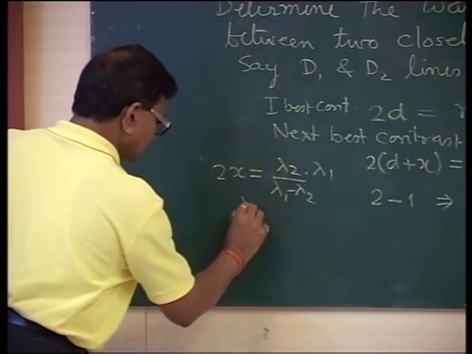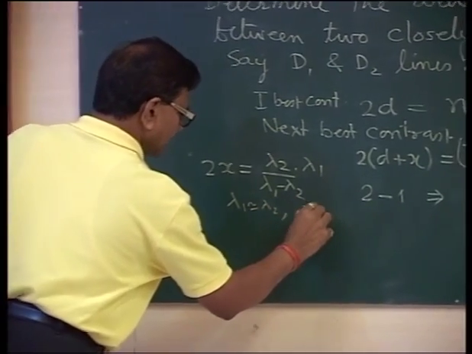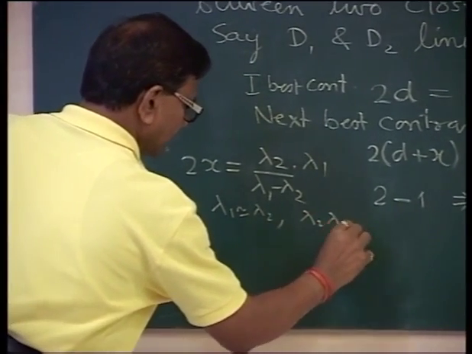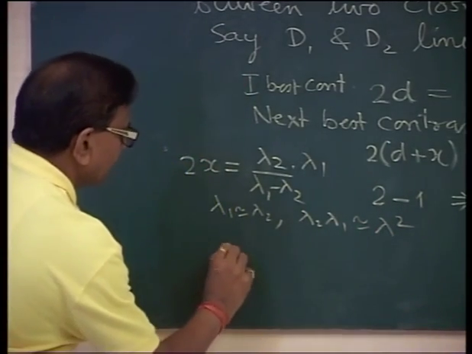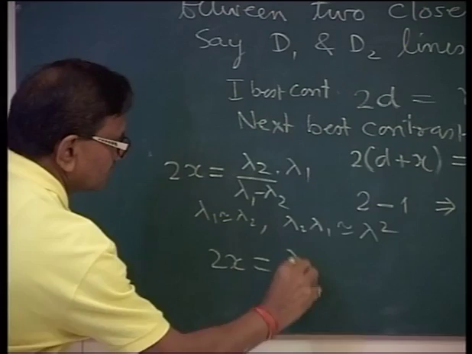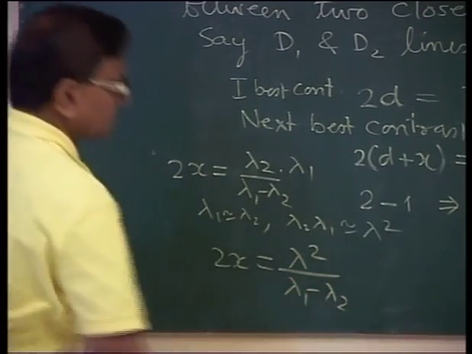Since lambda 1 is quite near to lambda 2, lambda 2 lambda 1 can be equated to lambda square, and therefore 2x is equal to lambda square upon lambda 1 minus lambda 2.